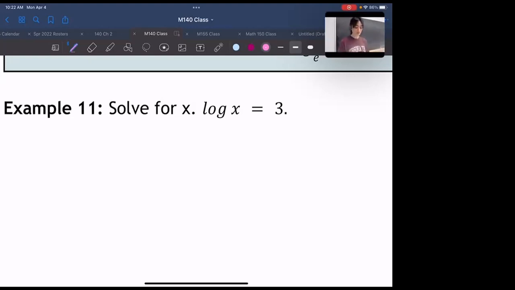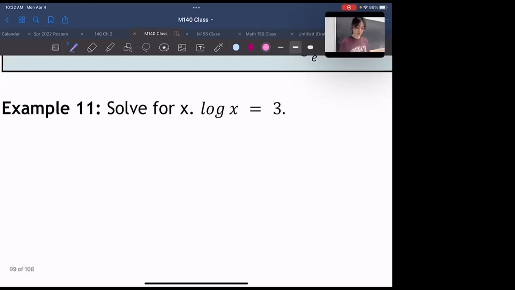But what I like to do is, log x is log base 10 of x, right? So instead of writing log x, we can literally just put the base in and everything would be fine. So very similar to this middle question with the log base 2 of x. What should we do on both sides of the equation?